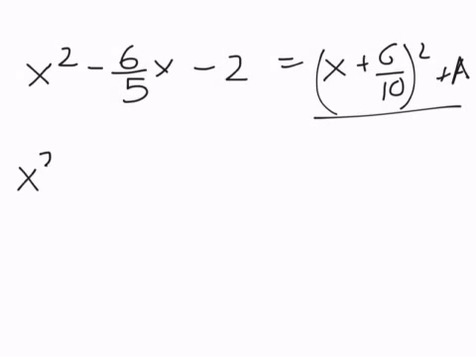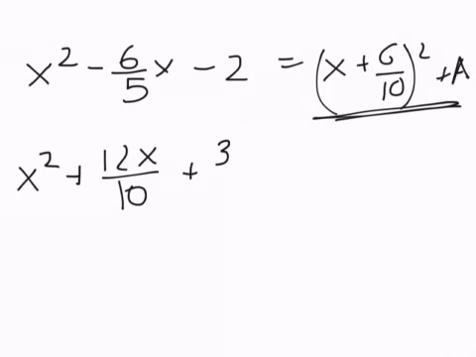We're going to get x squared plus 12x over 10. Feel free to open this out by yourself at home. I'm just trying to save a bit of time here. Plus 36 over 100, and then plus A.